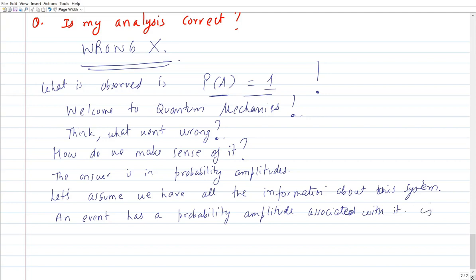Let's call it psi. And the probability of the event is given by the modulus squared of it. So an event has a probability amplitude, which is generally a complex number, and the probability of that event is just the absolute value squared of that. You can take this as rule 1.